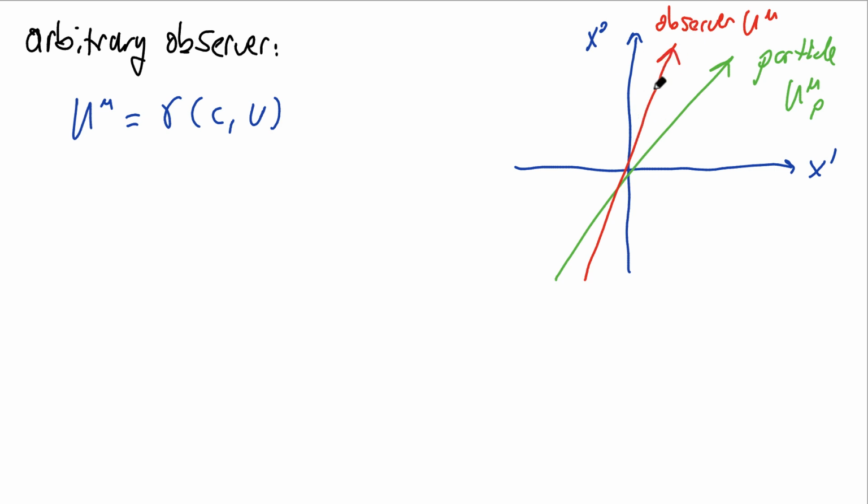In other words, the velocity of this observer is seen by some observer who's at rest and moving along the x0 axis. And now, what about the spatial basis vector that this observer uses?